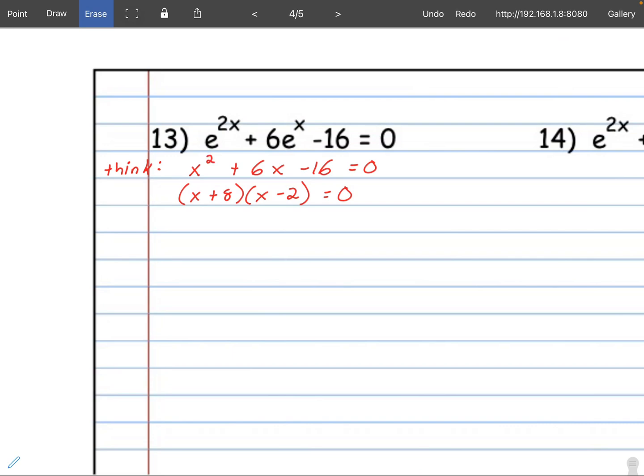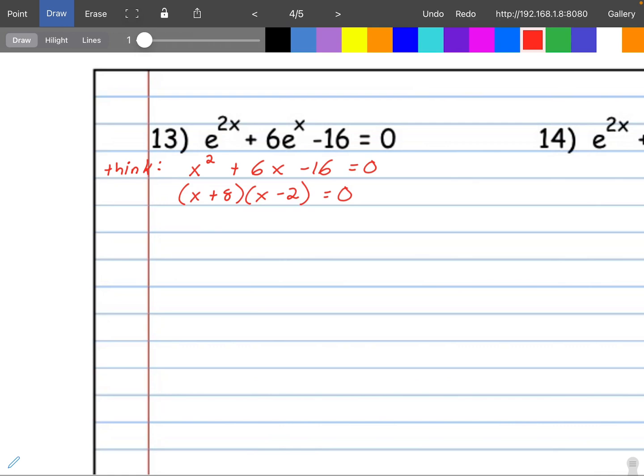So remember, our e's became x's. Therefore, this is just what we're thinking, this is not actually solving it. We need to take those factors that we came up with from our simplified equation and put it back in terms of e. So if we made e our x's, then that means we need to make x our e's.